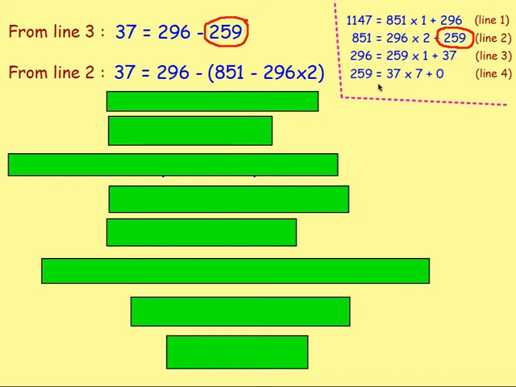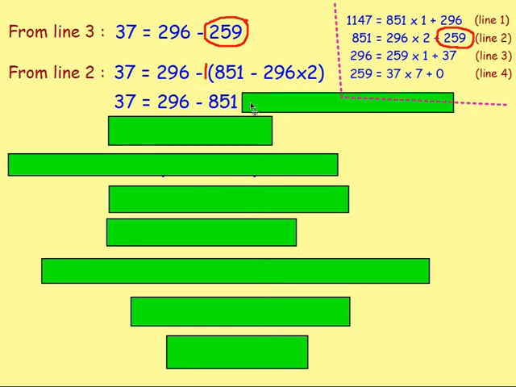Can we simplify any of that? Well, yes, we can. If you imagine just a 1 in front of this bracket, or really a negative 1, if you tidy that up, we would have 37 equals 296 isn't changing, but we're taking away one lot of the 851, so really we're just taking away the 851, and we've got the negative 1 times the negative 296 times 2. Well, the negative 1, we'll make that positive because we're multiplying it by a negative, and we would have the 296 times 2.